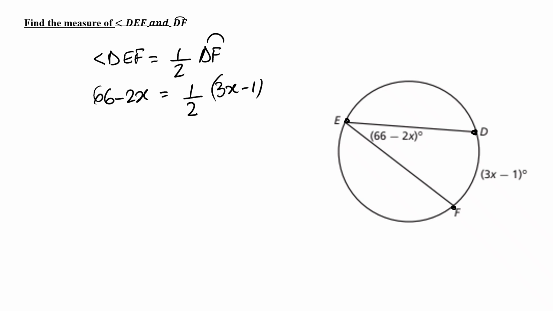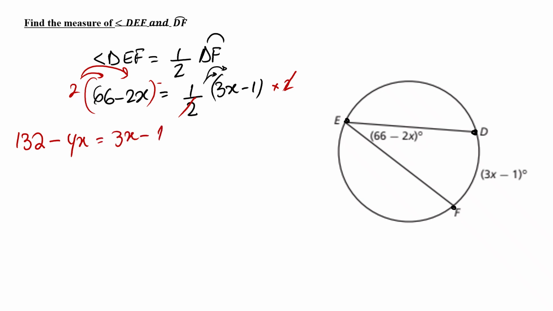Now look, if I open it with the half, it will give me a complicated answer. So I will get rid of this half by multiplying both sides by 2. The 2 and this 2 cancel. So I will open the bracket: 2 times 66 gives me 132 minus 2 times 2x gives me 4x equals 3x minus 1.